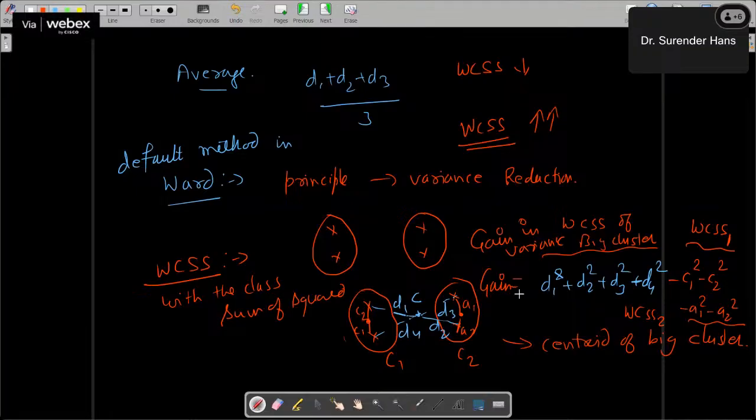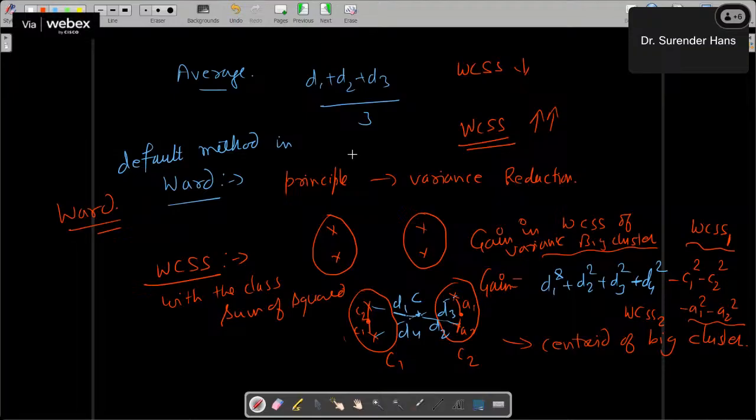So first, that is minimum. So the minimum WCSS. So you have to check this minimum value. So this one is the Ward method.